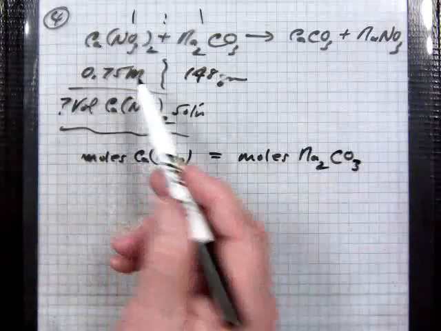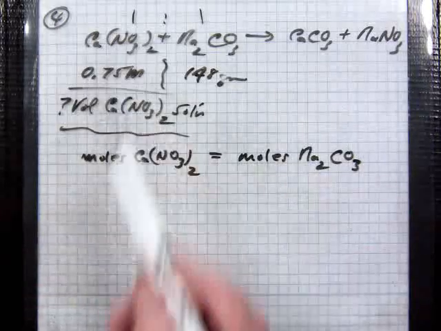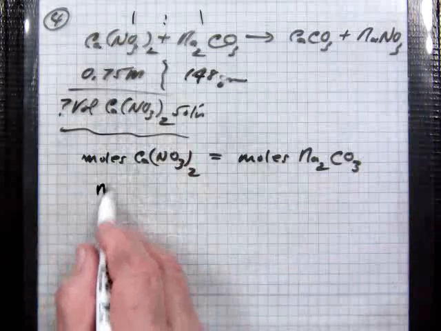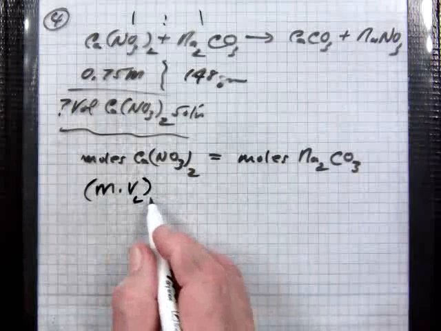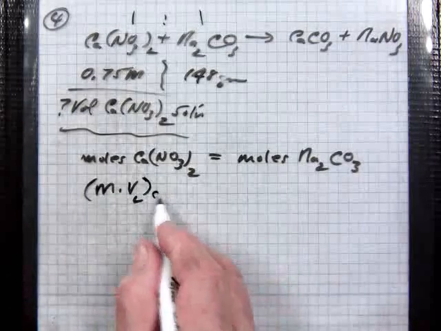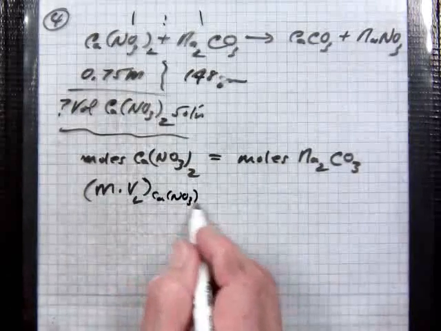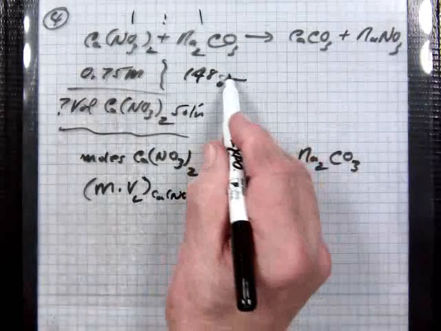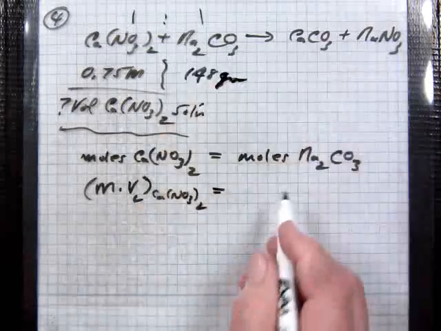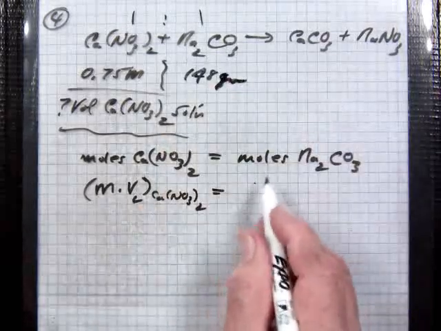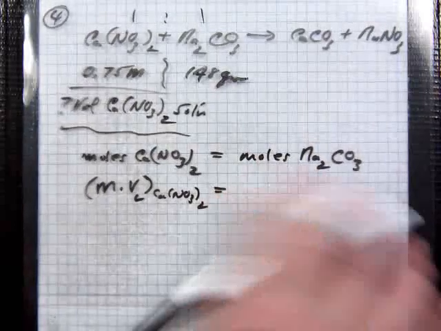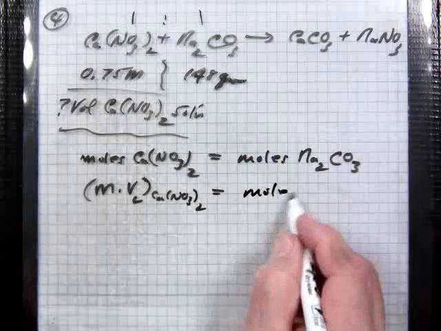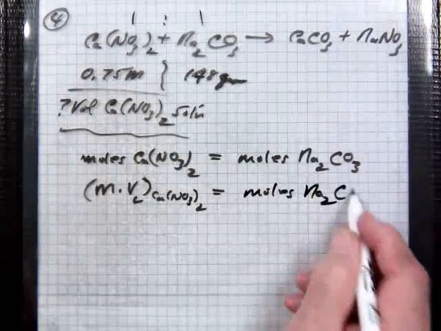And so we want to know what volume of the 0.75. Well, we know molarity times volume expressed in liters is also moles, so we'll make that in the calcium nitrate, like that. And then we had 148 grams of the sodium carbonate, so that equals 148 grams of the moles sodium carbonate.